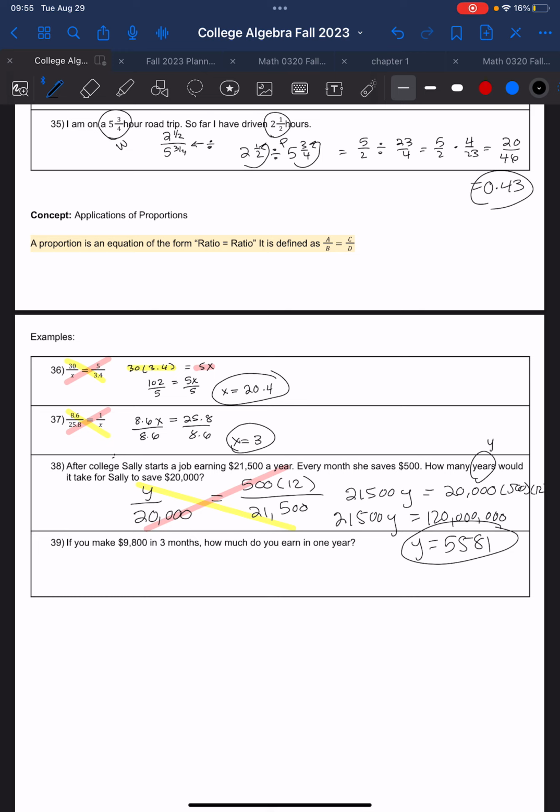I know it looks very crazy, the amount, but these are make-believe problems.